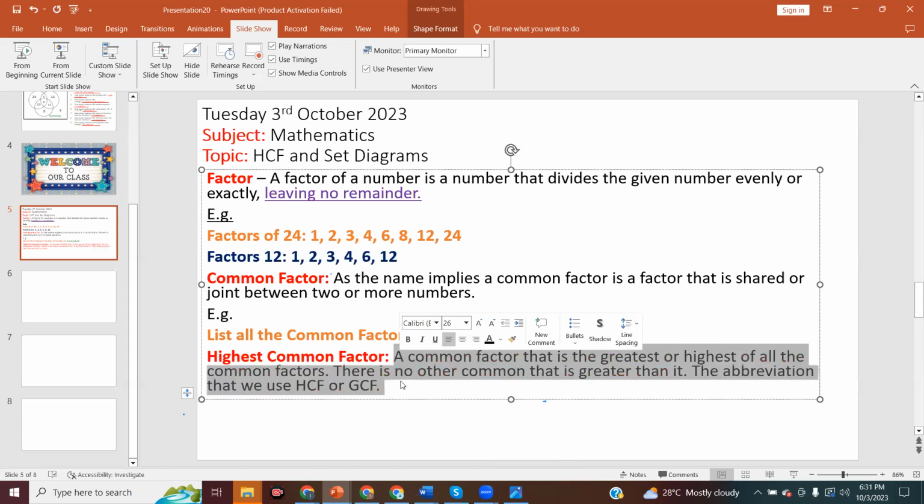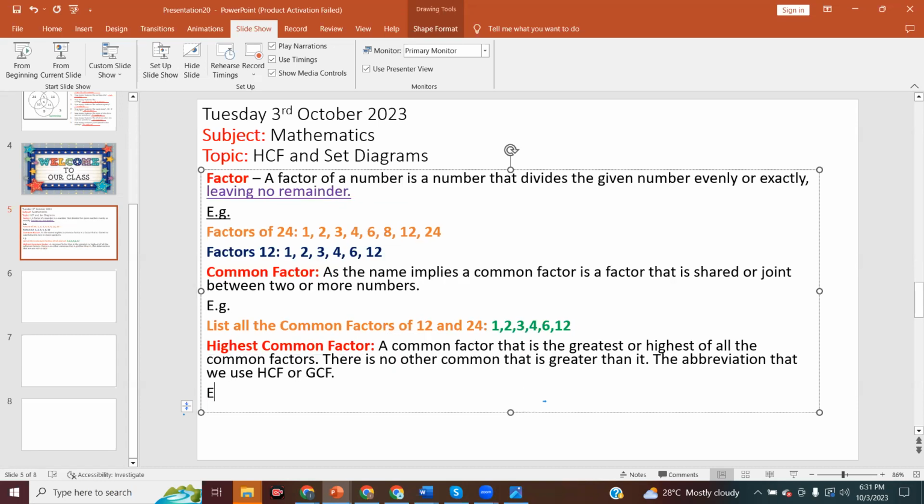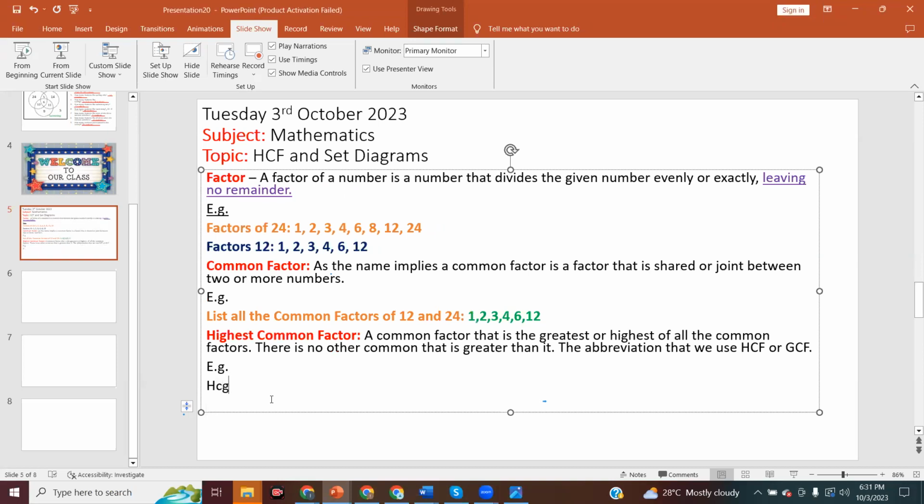So you have HCF and GCF. Example: Korai, what is the HCF of 12 and 24? 12. Very good.